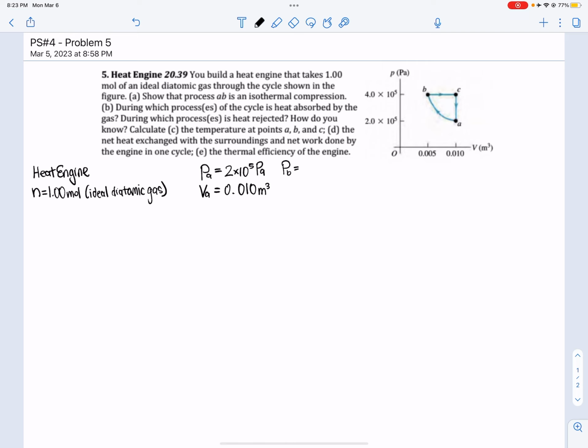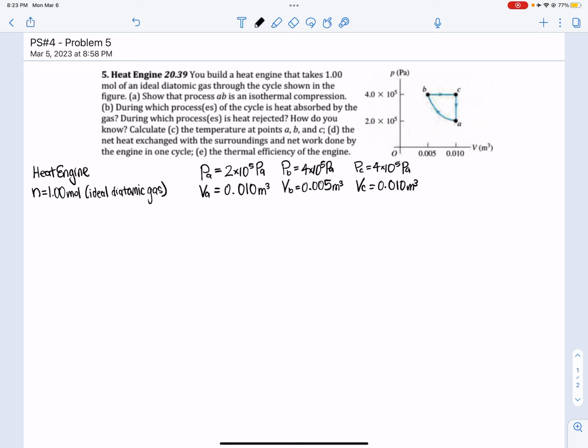At B, the pressure is 4 times 10 to the 5th pascals, and the volume at B is 0.005 cubic meters. The pressure at C is 4 times 10 to the 5th pascals, and the volume at C is 0.010 cubic meters. I got all that info from the PV diagram right here.